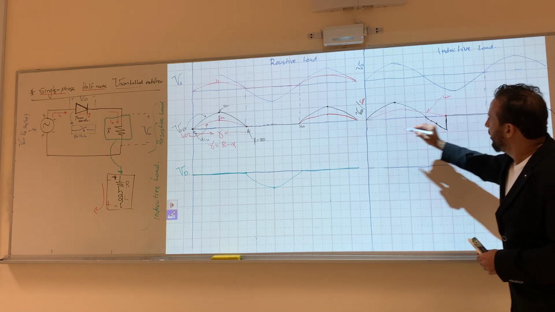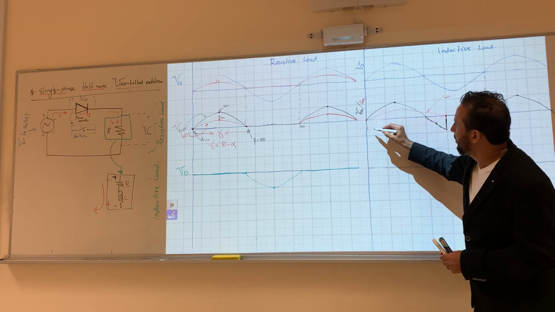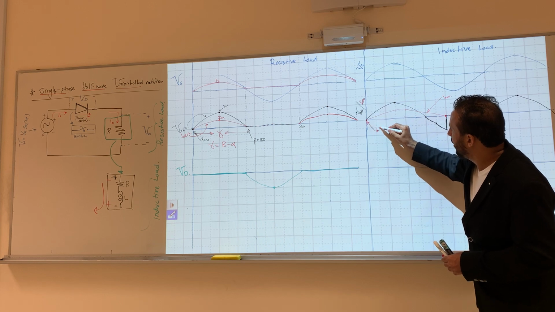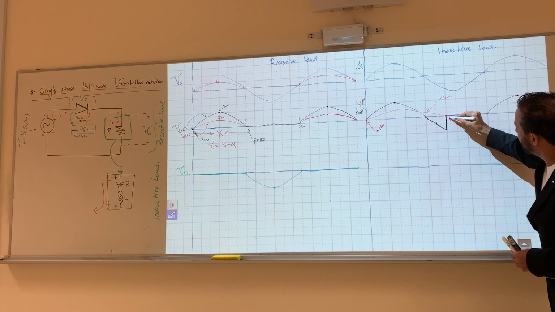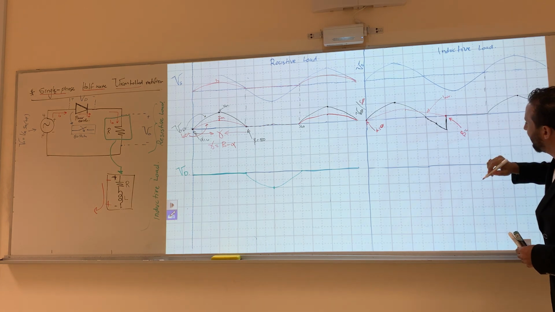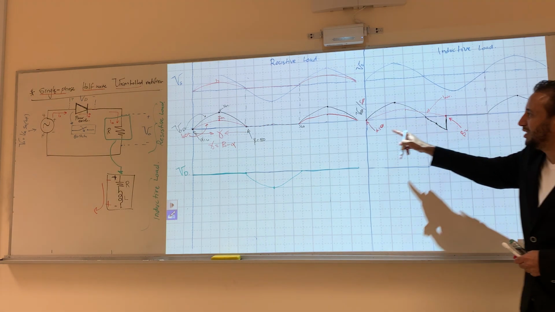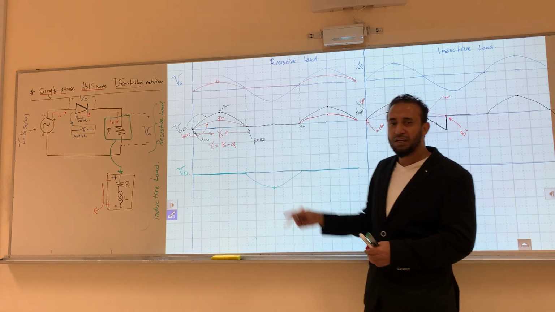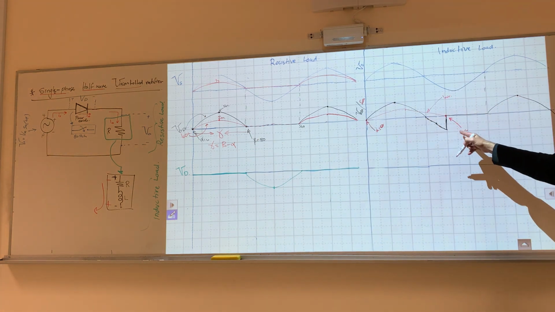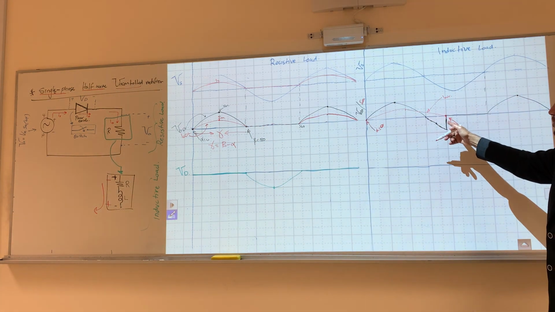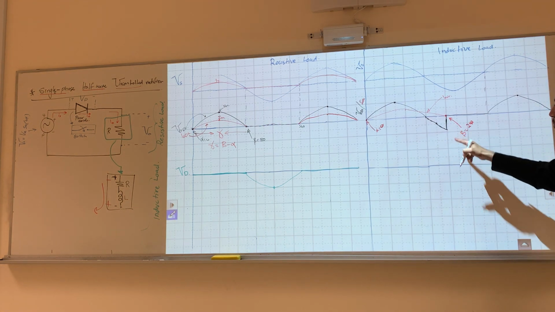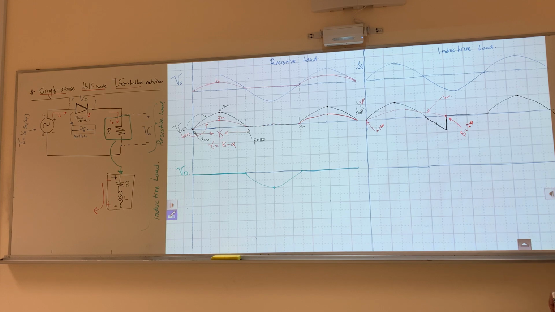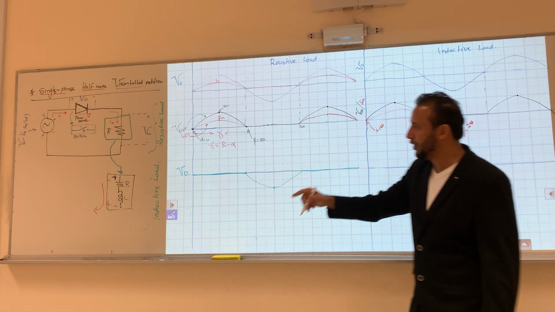And now, yes, this one here is alpha equals 0. And now this point here is beta, and it's greater than 180. It's maybe here, 240. Now beta is 240. If it's here, it will be 270.